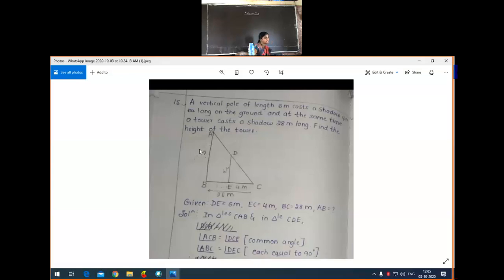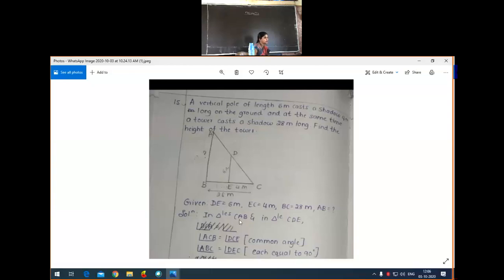Why do we take AB here? Because the shadow is 4 meter here, and the shadow of the tower is 28 meter. AB is the height of the tower and BC is the shadow of the tower. DE is the height of the pole, EC is the shadow of the pole. So very simple. DE 6 meter, EC 4 meter, BC 28 meter, AB we have to calculate.